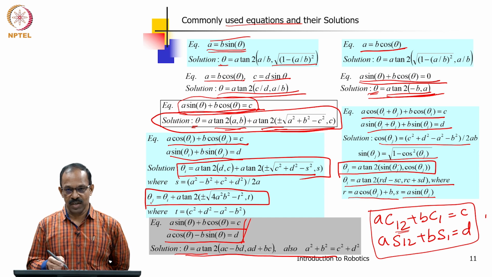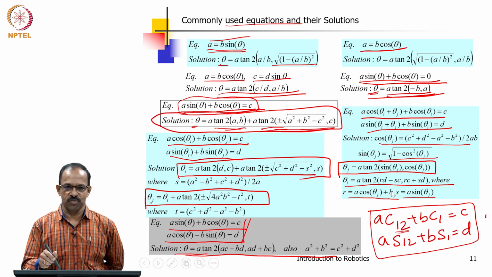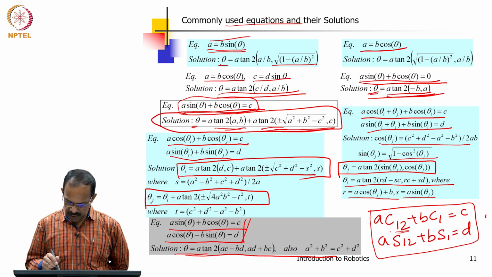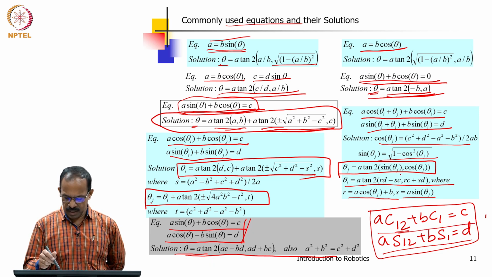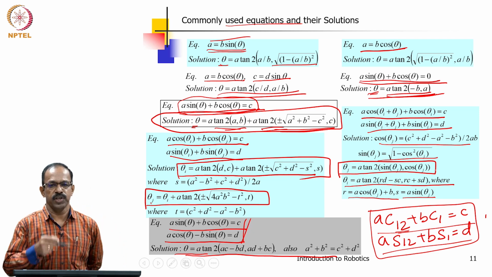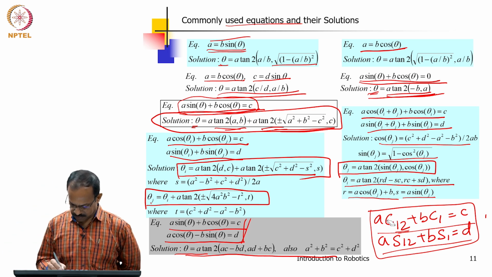This was the same thing we saw in the previous example, where we tried to substitute for all these values and then get the solution. But now if you get this kind of formulation, then you can directly write the solution as theta i and theta j in this format. You do not need to substitute and then solve for it.